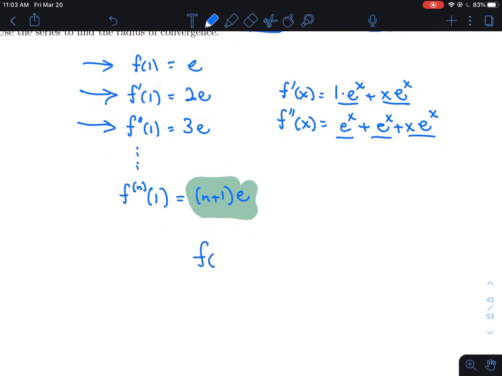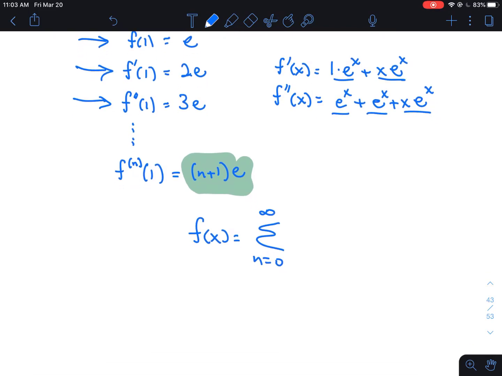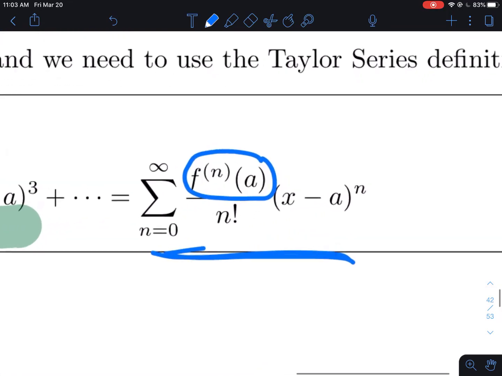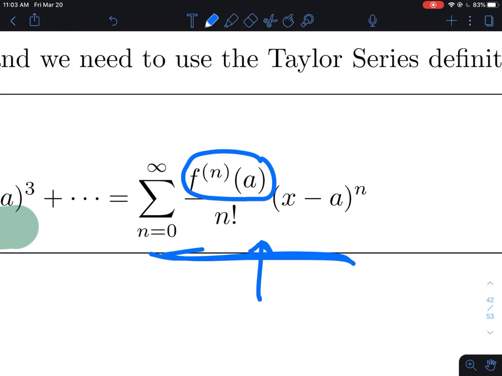Now we can go ahead and use our definition. So f of x is going to be equal to summing up from n equals 0 to infinity of the nth derivative of f at a. So in this case, at 1. So that's going to be my n plus 1 times e. We divide it by n factorial. Again, we're just kind of following this definition back here. So this is what I'm thinking about or looking at.